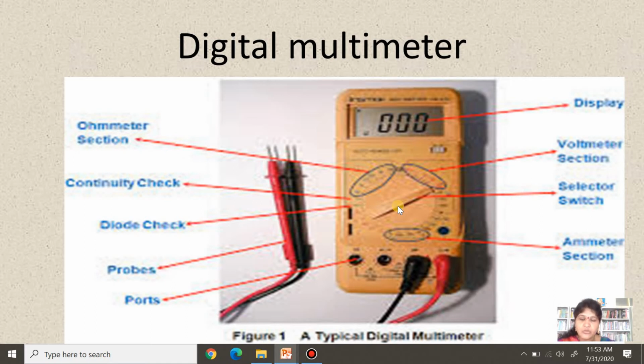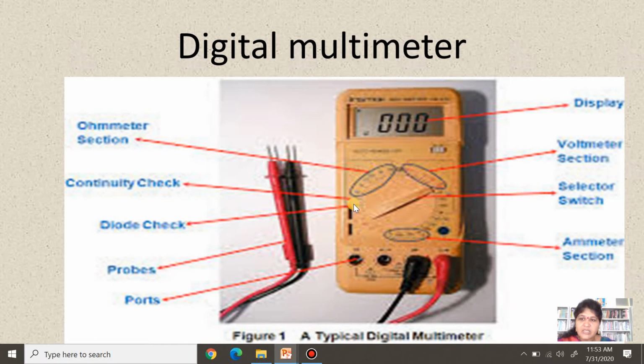It can be used as a voltmeter, as an ammeter, and as an ohm meter. Based upon our requirement for measurement, we are going to use the selector rotary switch.